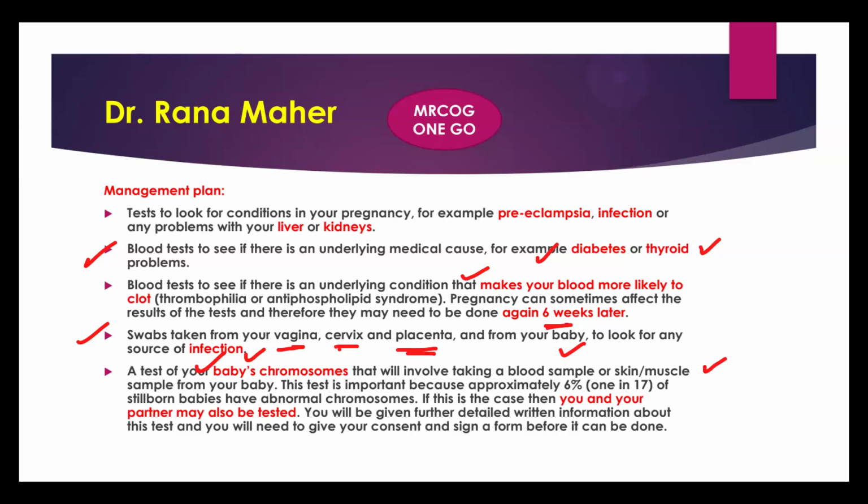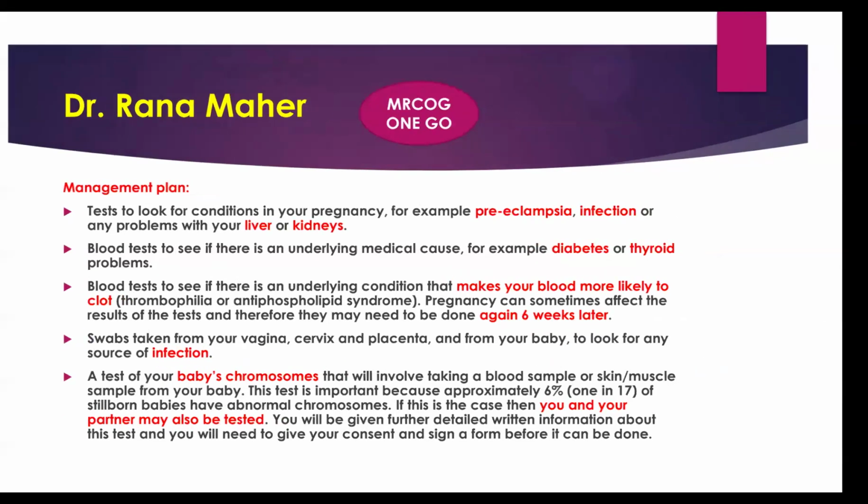And if it's positive, guys, please offer the parents a test. So not from the start do we offer the parents a test for chromosomal abnormalities. Okay? If the baby's chromosomal test is positive for any problem, at that time we will offer the parents another test.